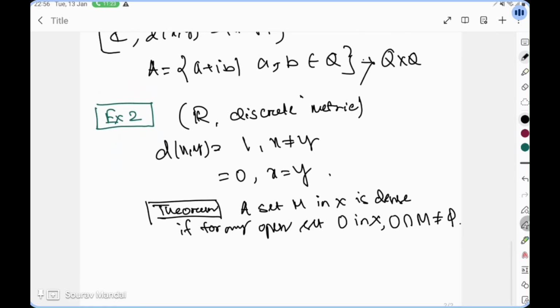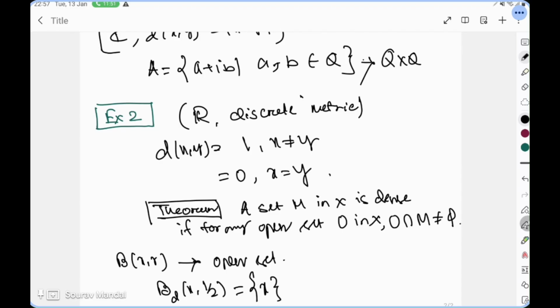And you also know that every open ball is also an open set. Now, if you consider the open balls with respect to this discrete metric, and if you consider the radius less than 1, in that case what will you get? Only singleton sets.